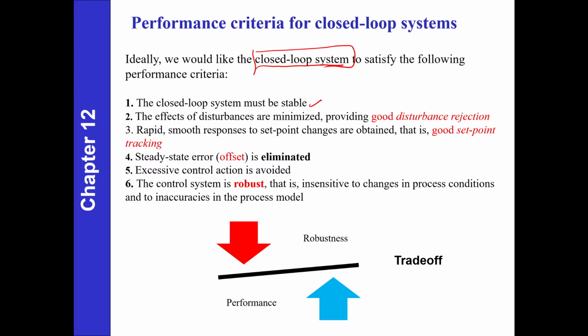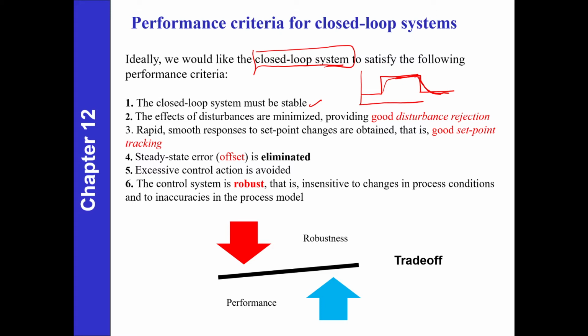If we look at a graph, this is a graph for step input. A good controller can bring the process back to the set point, regardless of whether you increase or decrease it.